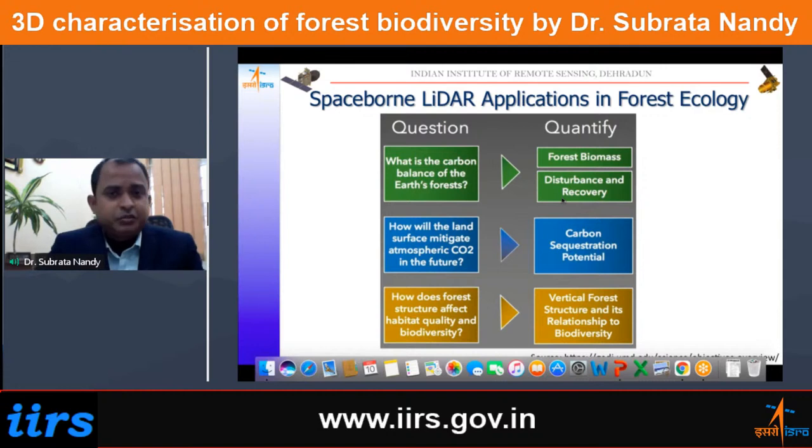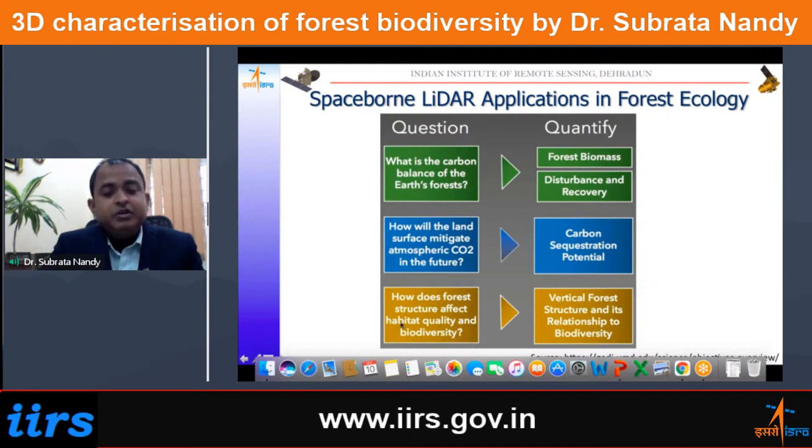So the science questions which GEDI tries to focus on are, of course, what is the carbon balance of the Earth's forests? How will the land surface mitigate atmospheric CO2 in the future? And one more thing which is related to biodiversity is, how does forest structure affect habitat quality and biodiversity?